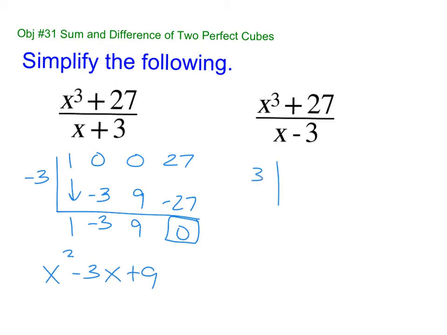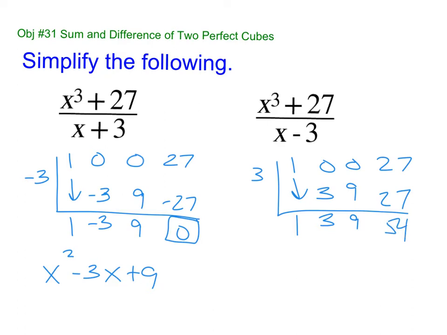And then is this one going to work? No, because everything's positive, so there's no way that it's going to subtract. So we are going to have a remainder here. So x squared plus 3x plus 9 plus 54 over x minus 3. So the ones that are both the same sign end up dividing nicely.